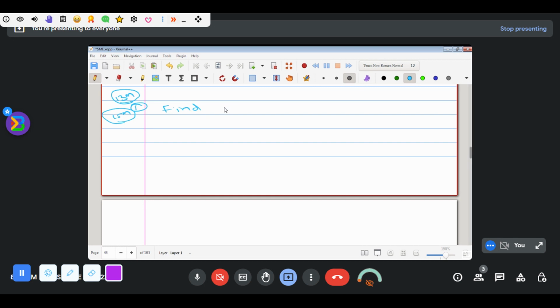So the first one is the regression line equation, the regression equation of X1 on X2 and X3.